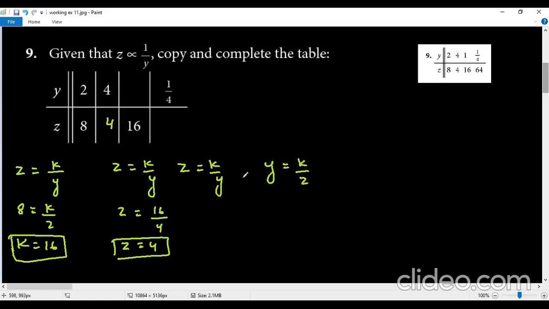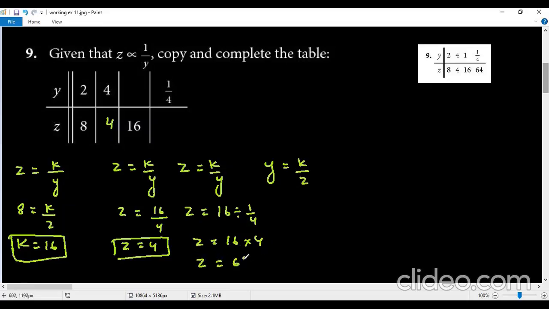Now we need to find again z, where y this time is 1 over 4. First of all, k is 16 divided by the value of y, which is 1 over 4. That means z equals 16 multiplied by 4, which is going to give us 64.